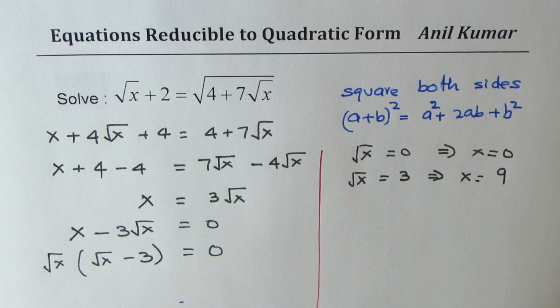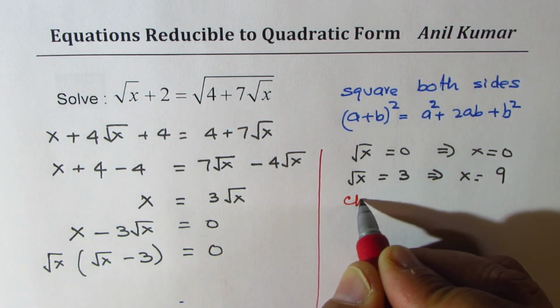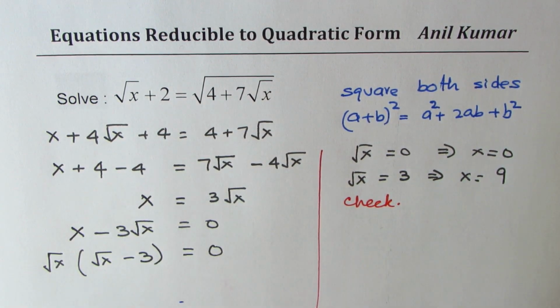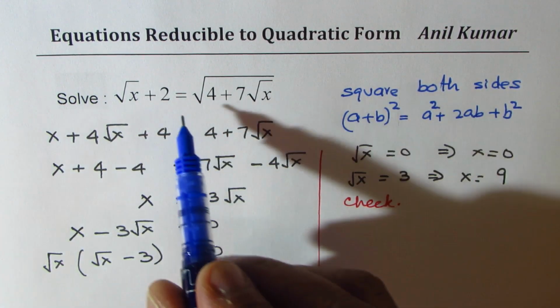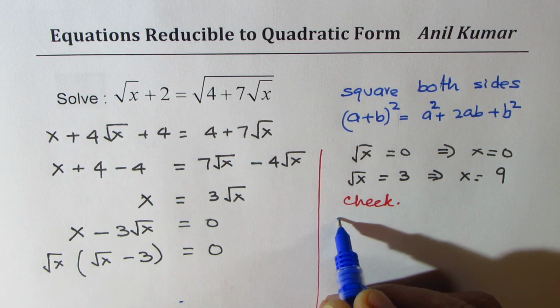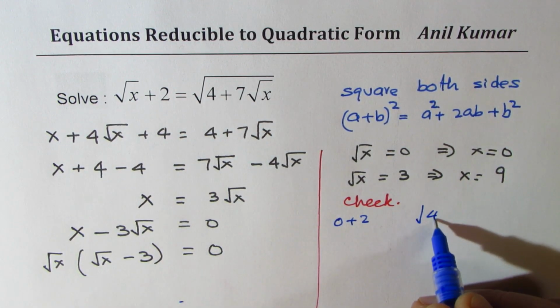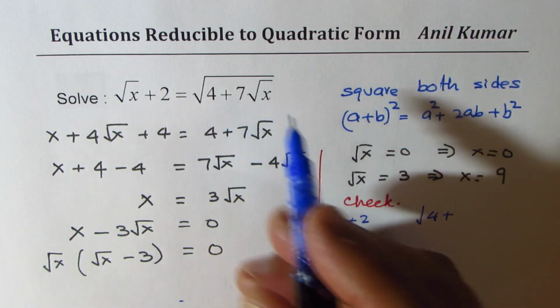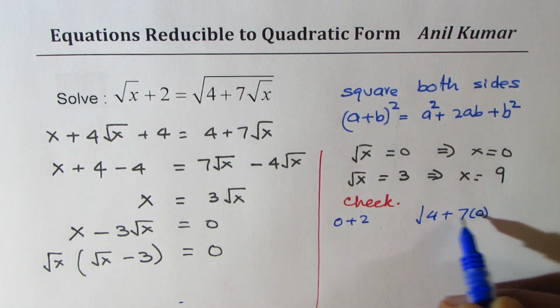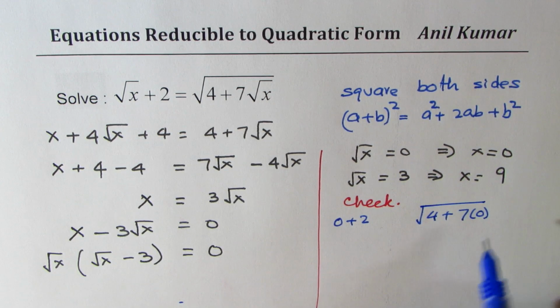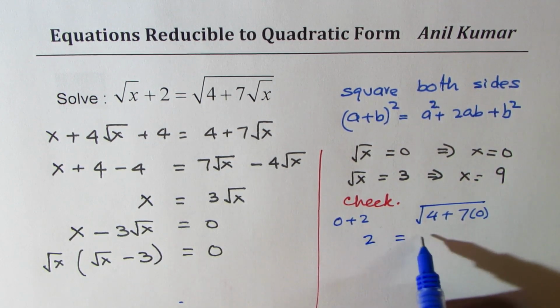Now it is always a good idea to check your answers. So I'd like you to substitute x equals 0 and check. If you do it on the left side, we get 0 plus 2. And on the right side, we get the square root of 4 plus 7 times 0. So both sides are 2 equals 2, correct?